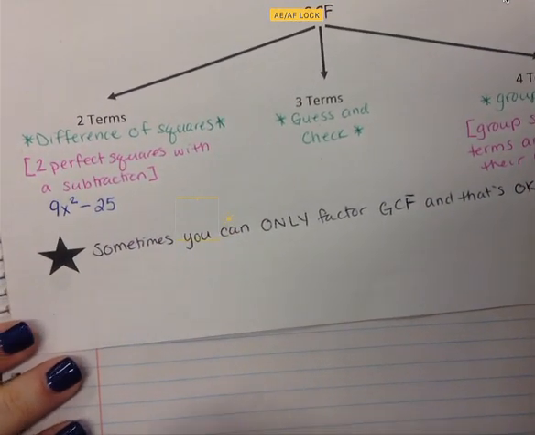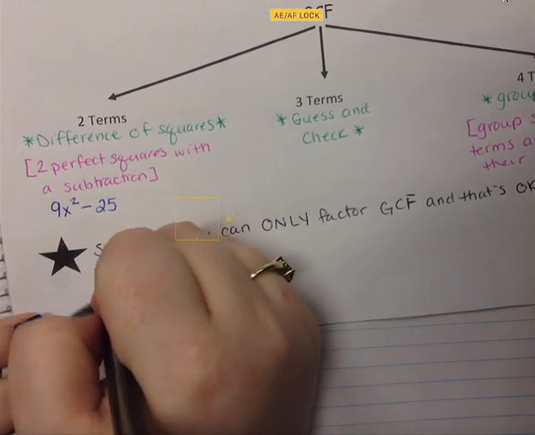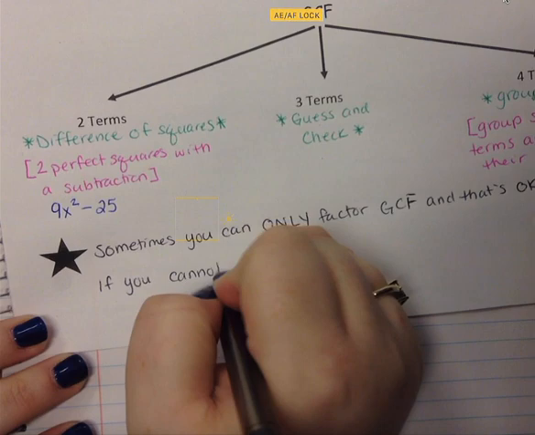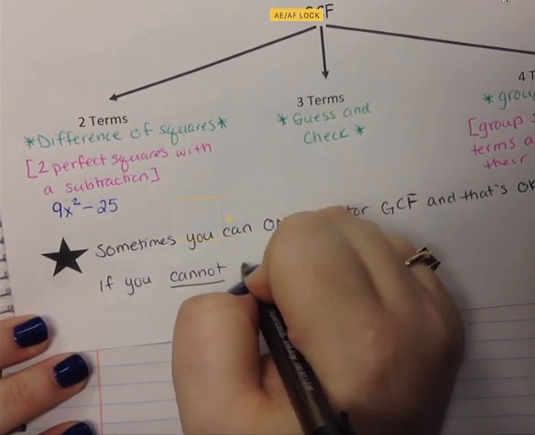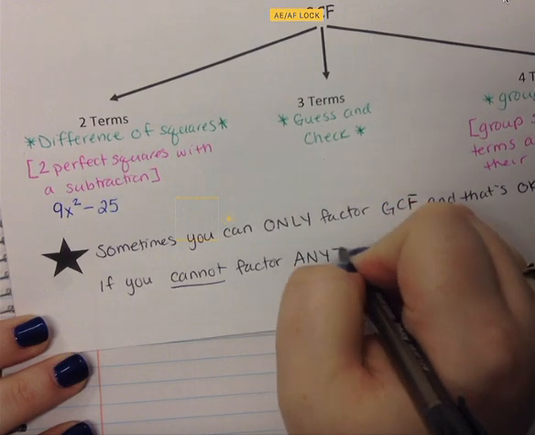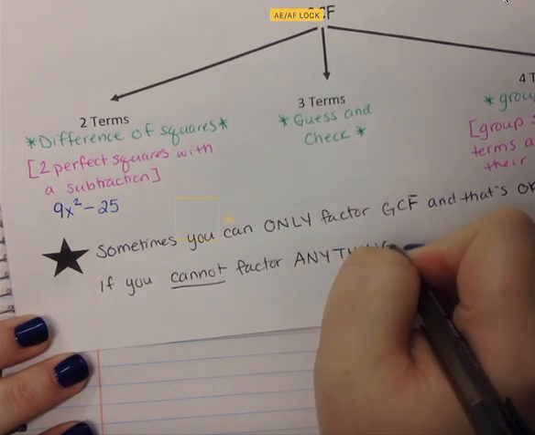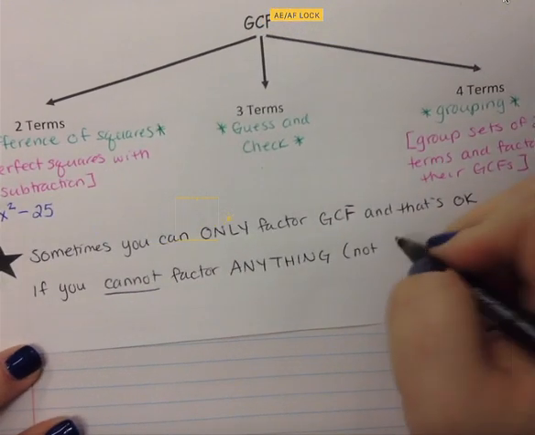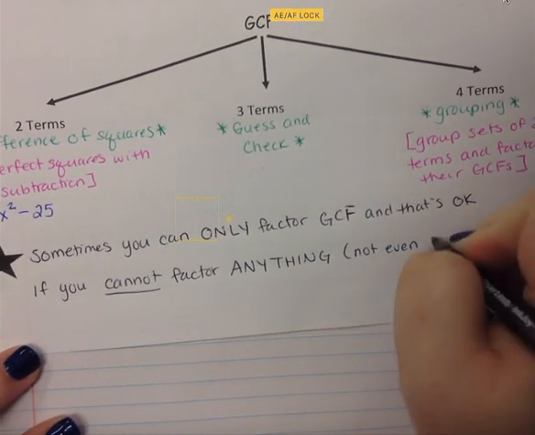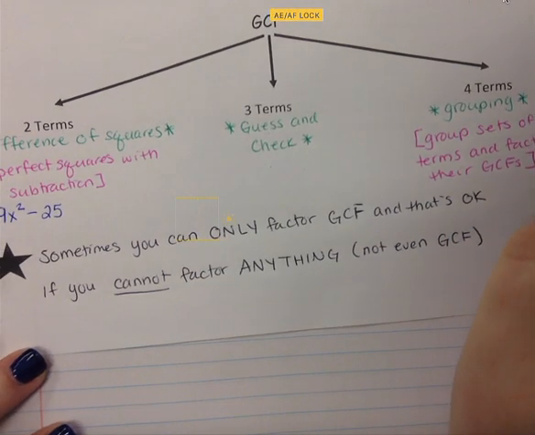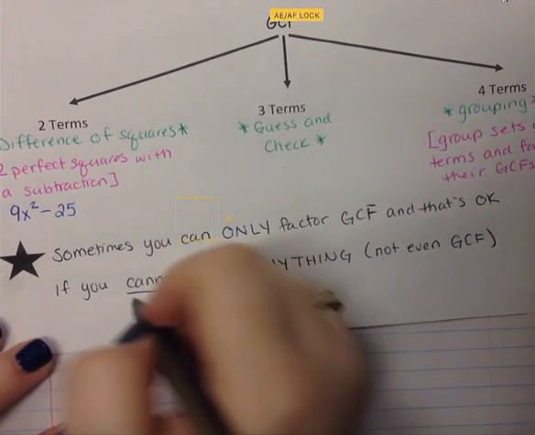However, if you cannot factor anything, so that means not even the GCF, you can't even find a greatest common factor, it is prime.